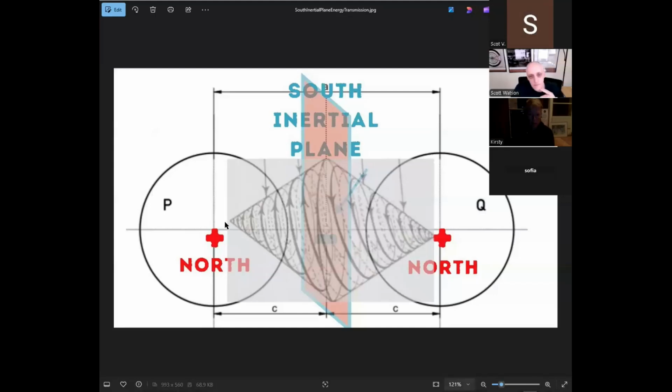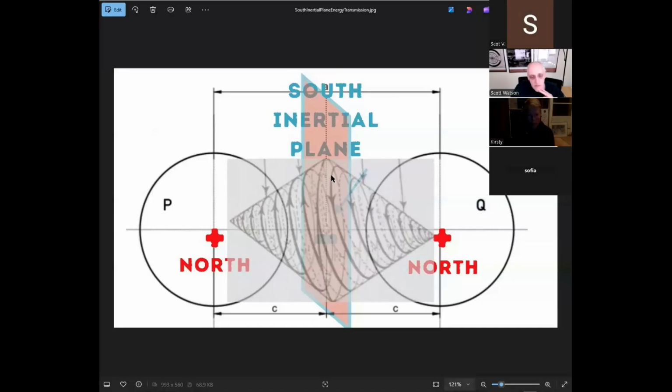It gets so expanded that it reaches a point somewhere between the Earth and the sun called the inertial plane. There's an inertial plane between any two pieces of matter.